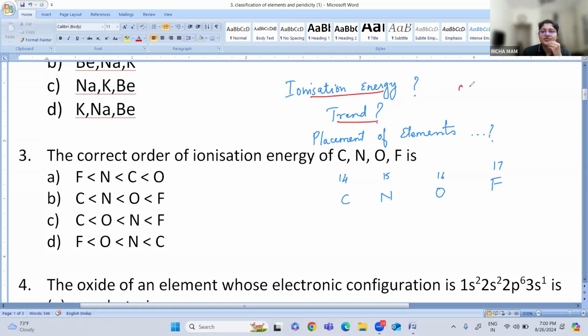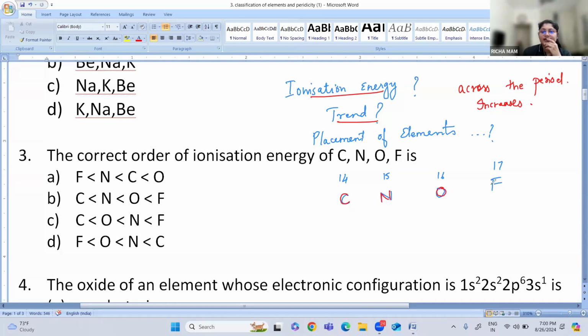Trend across the period. Across the period, what will happen to ionization energy? It increases. Which will be more? Fluorine will be highest or carbon will be highest? I have told you the placement also.